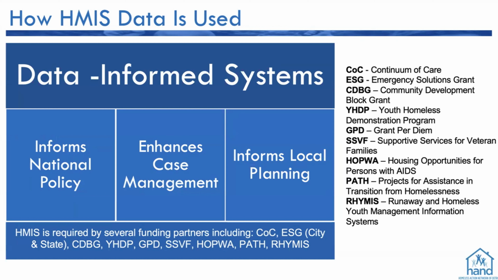At the local level, HMIS is required by the COC, the ESG or Emergency Solutions Grants at city and state level, CDBG or Community Development Block Grants, the YHDP Youth Homeless Demonstration Program, GPD or Grant Per Diem, SSVF or Supportive Services for Veteran Families, HOPWA or Housing Opportunities for Persons with AIDS, PATH or Projects for Assistance in Transition from Homelessness, and RHYMIS, which is Runaway and Homeless Youth Management Information Systems.